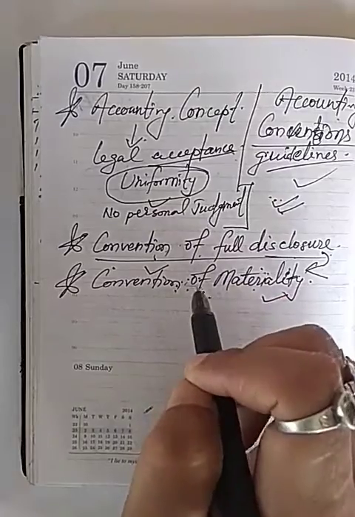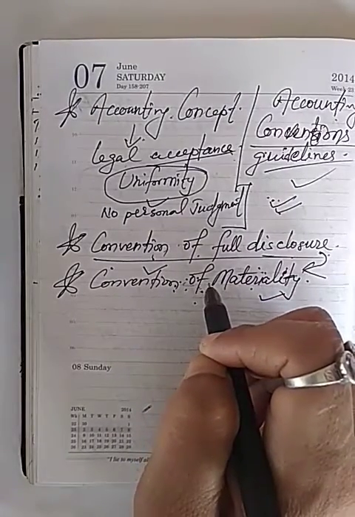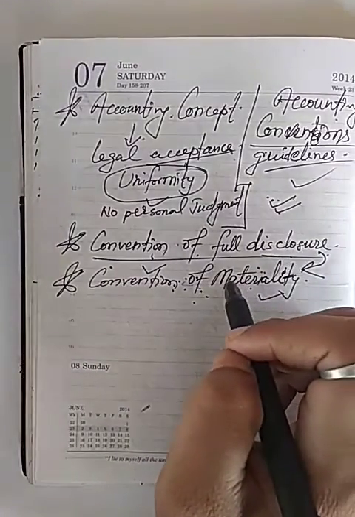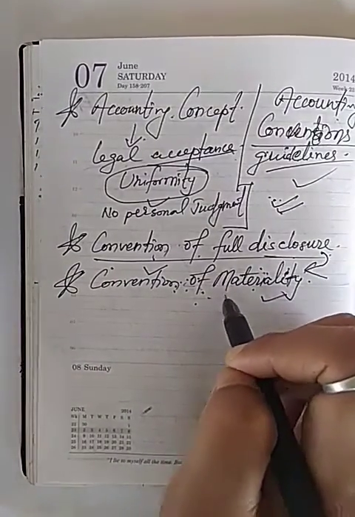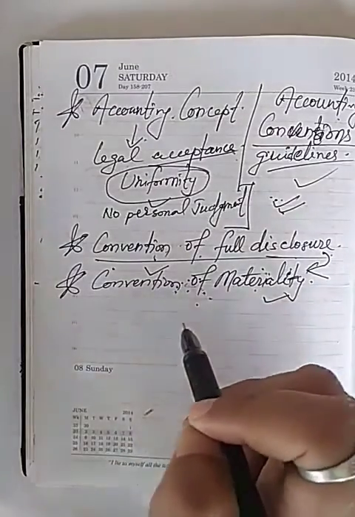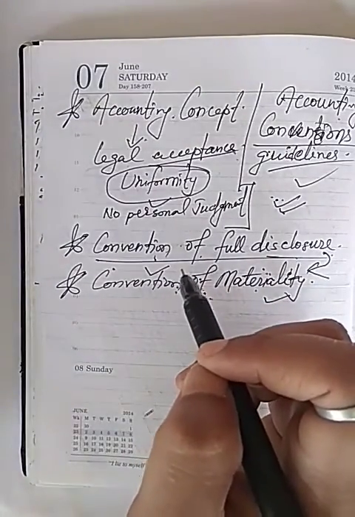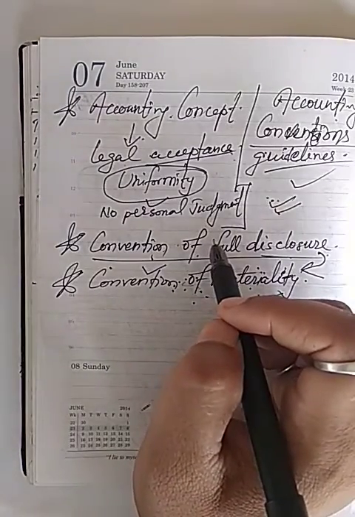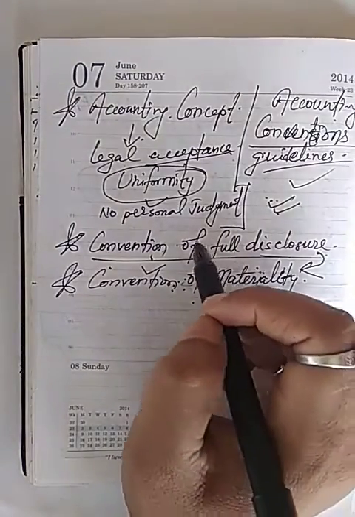These unimportant items are either left out or merged with other items. Otherwise, the accounting statement will be unnecessarily overburdened.